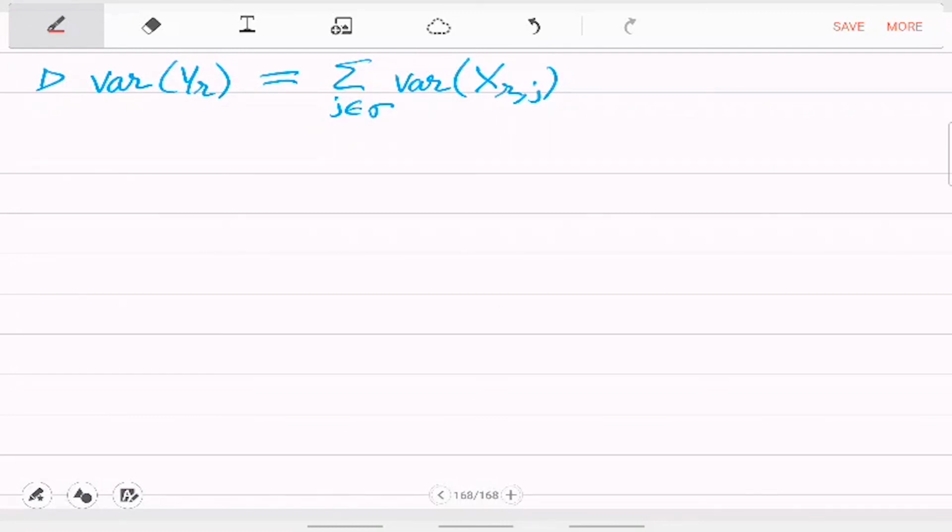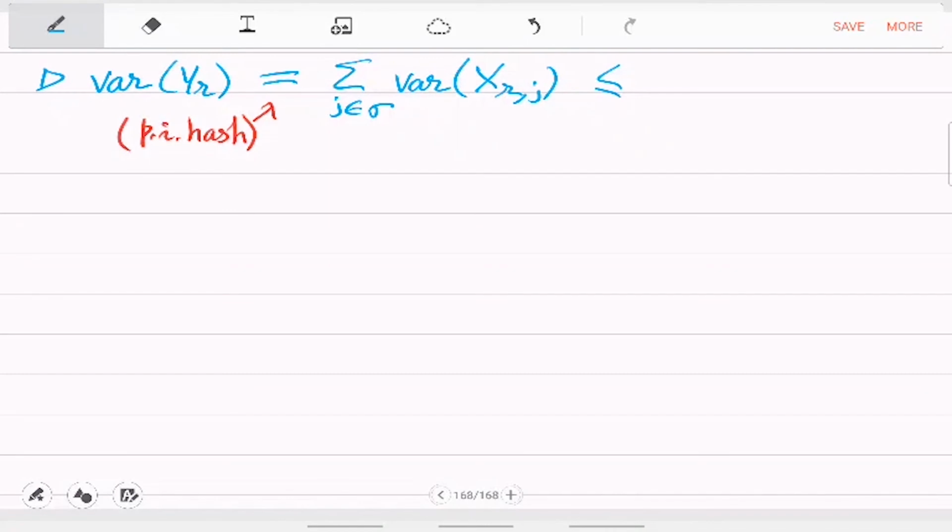This is really because of the pairwise independent hash. So, the variance of y_r will be understood if you know the variance of x_rj, which by definition is, if you recall, expectation of x squared minus expectation of x, whole squared.